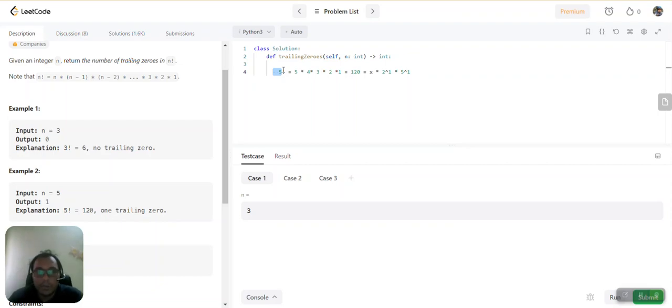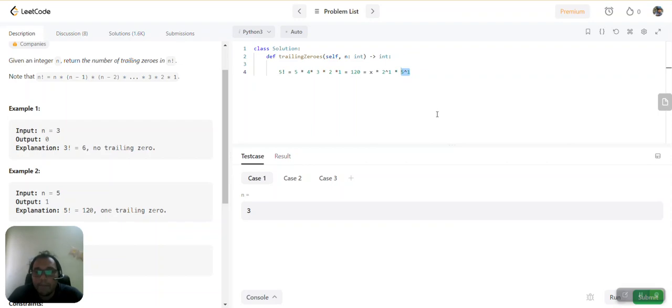And 2 will be available on every alternate number, the even numbers like 2, 4, 6, 8. So 2 powers would be higher, but 5 powers would be less.